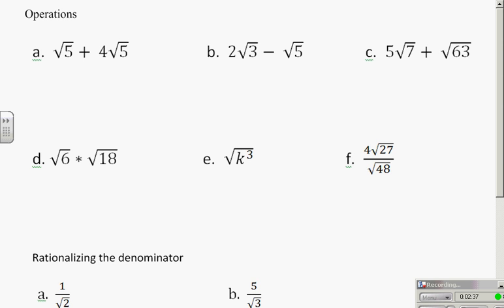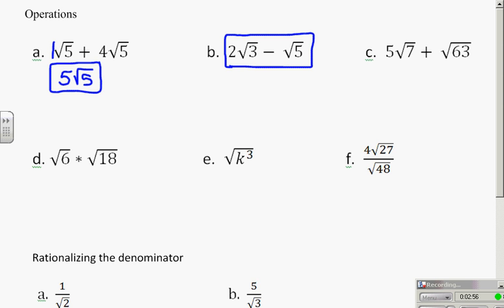Now, operations with radicals, again, a review concept. Remember, they behave just like variables. So if you could add 1x plus 4x, we can go ahead and add 1 radical 5 plus 4 radical 5 to get 5 radical 5. We could not add 2x minus y, and so there is no way we can add or subtract or simplify that expression right there.